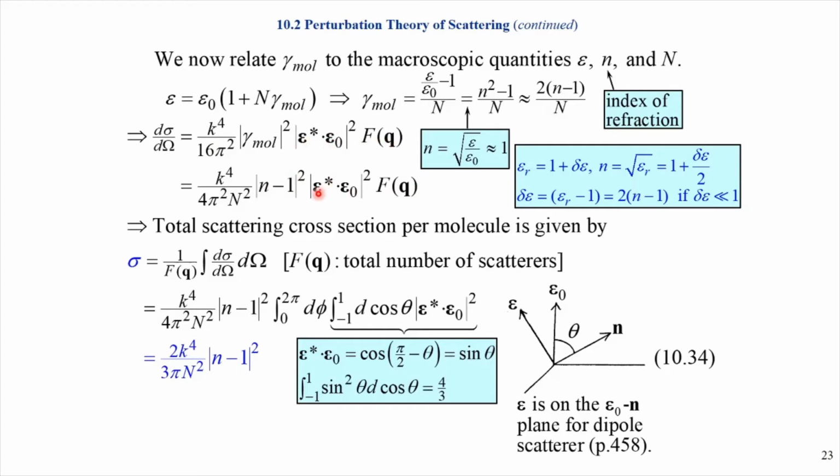It depends on polarization, and then the total number of particles. The total scattering cross-section is per molecule, so it is divided by N, the total number of scatterers. So this part cancels. We have k to the 4th, 4 pi square, n square, n minus 1 square.